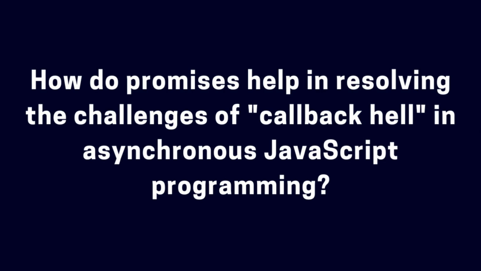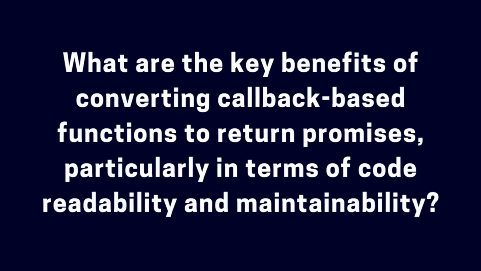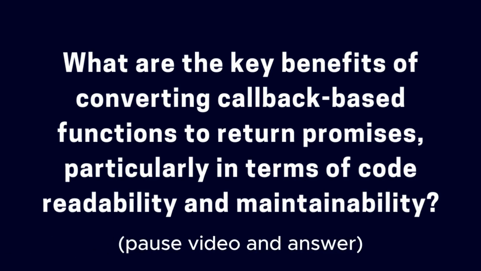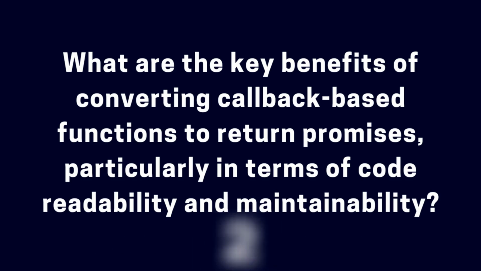What are the key benefits of converting callback-based functions to return promises, particularly in terms of code readability and maintainability? Converting callback-based functions to return promises offers key benefits in terms of code readability and maintainability.